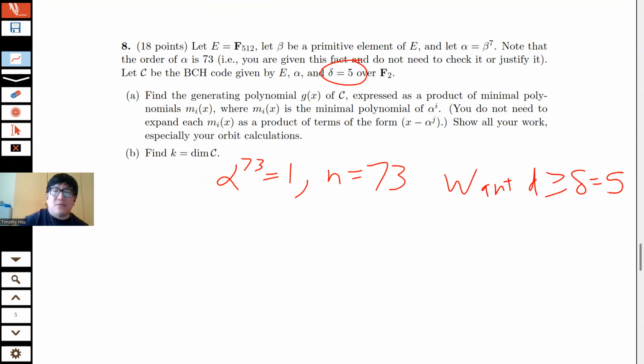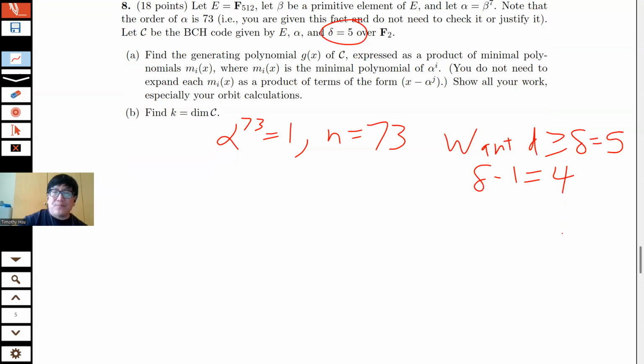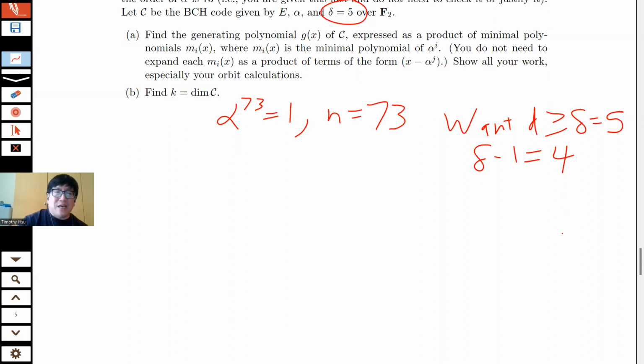So delta minus 1 is there's the other annoying minus 1 that shows up in chapters 7 and 8. You only want to go up to m, the minimum polynomial of alpha to the 4th. Yeah, so now we do the thing. This is a well-known computation. It's not easy, but it's a computation.